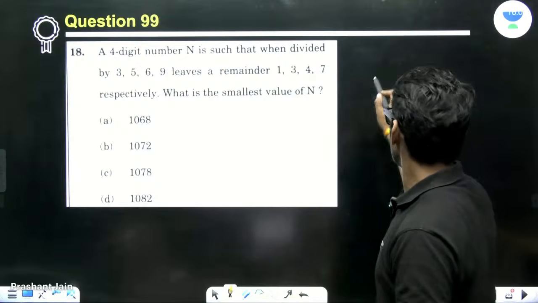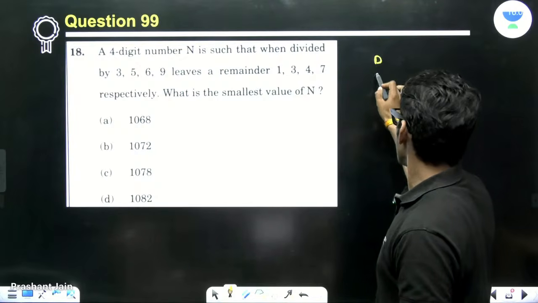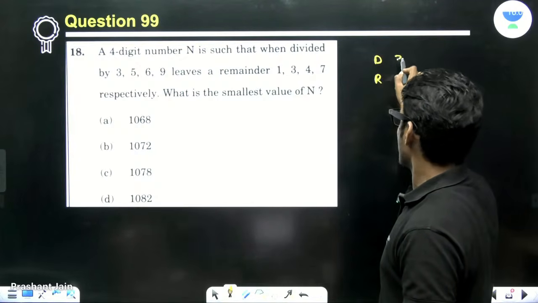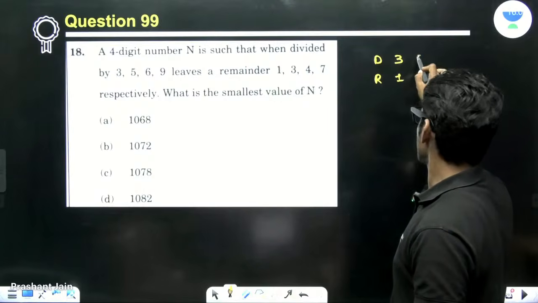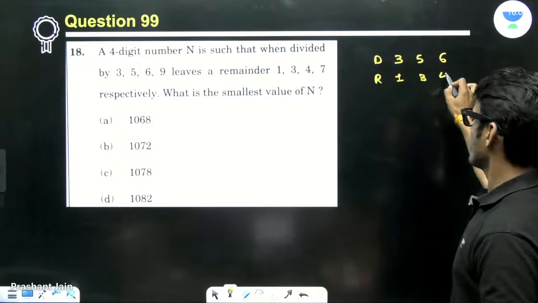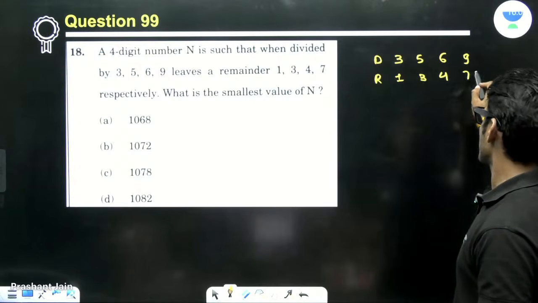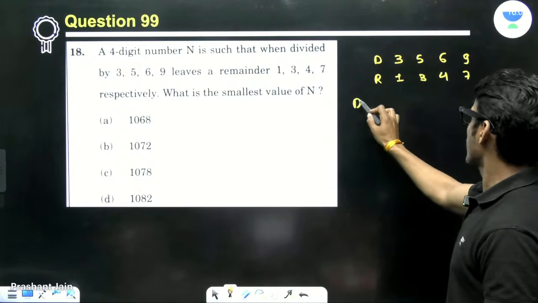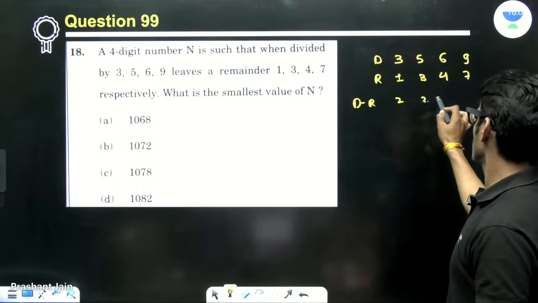Now you see, I am writing divisor here, remainder here. Divisor is 3, remainder is 1. Divisor is 5, remainder is 3. Divisor is 6, remainder is 4. Divisor is 9, remainder is 7. If you see, d minus r is always 2.